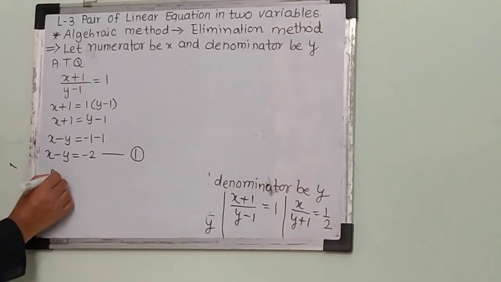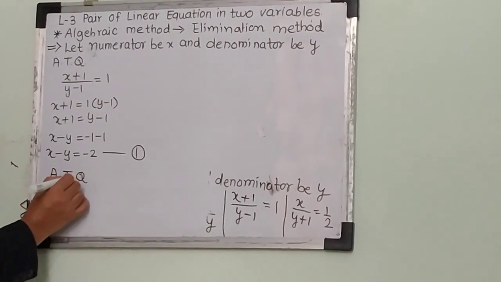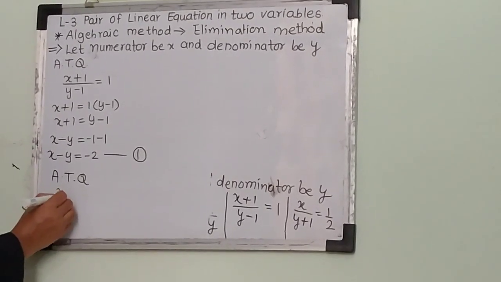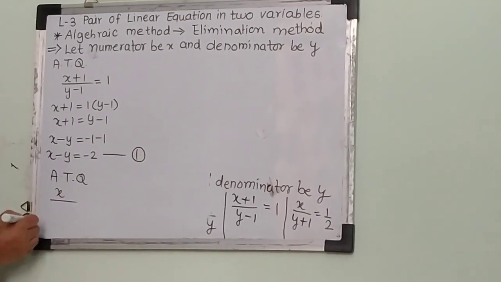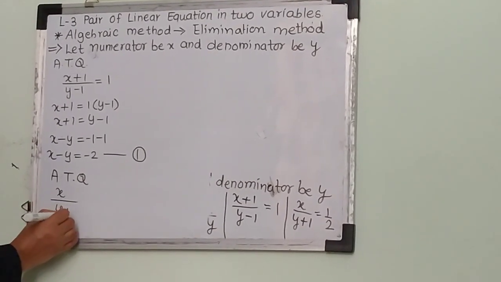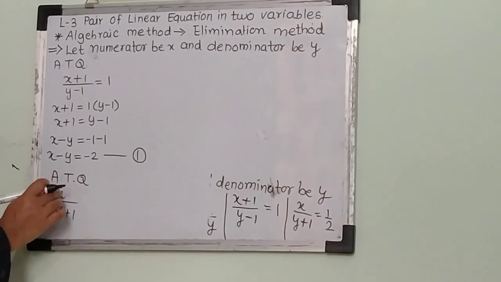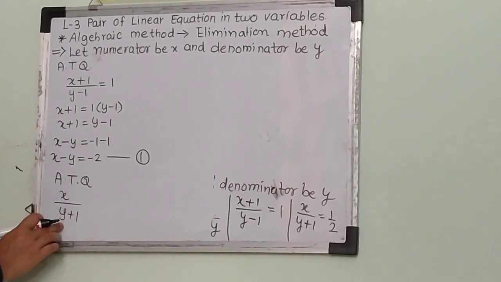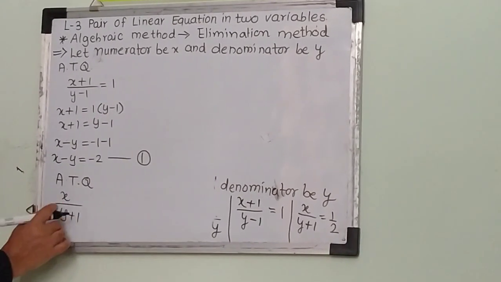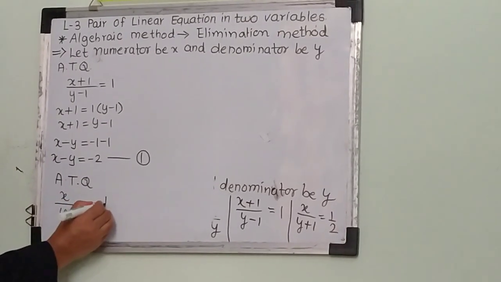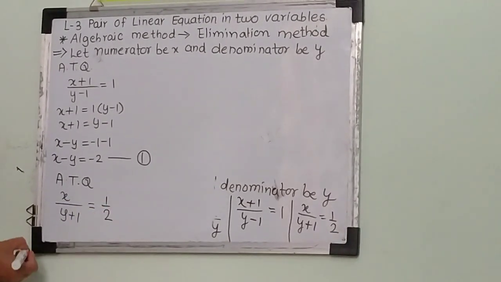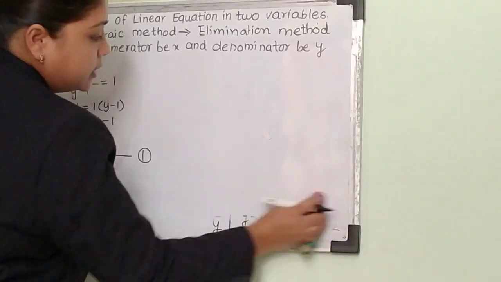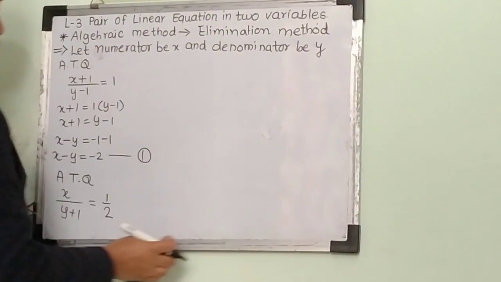Again, according to the question, your second condition is that we have to add 1 to the denominator. So the numerator remains as it is, x, and we have to add 1 to the denominator y. Your fraction becomes 1 upon 2. This is your second condition given in the question.